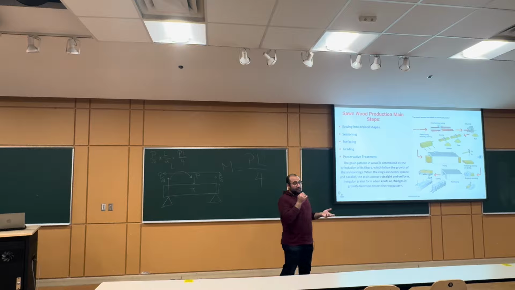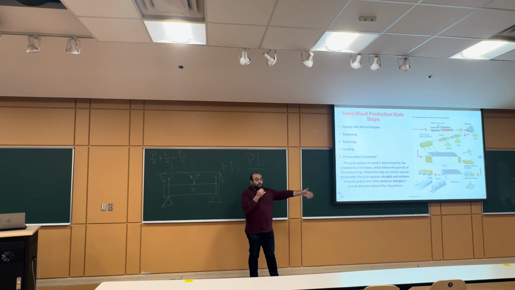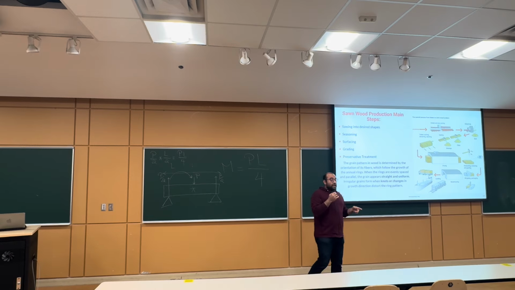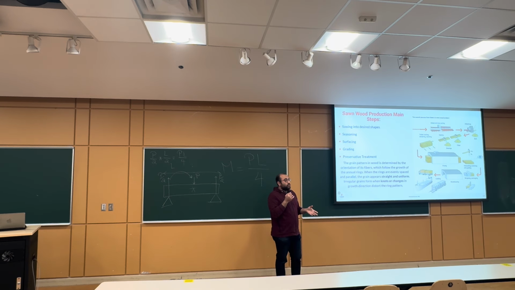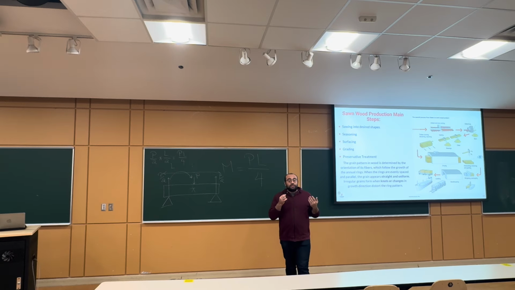And seasoning can be achieved using two procedures. The first one is that we can leave it on the ground, under the sun, and let the sun do the whole job. The second one is to do it inside an agitated kiln or furnace. So we put this wood into a furnace, and we subject it to a specific amount of heat and running air, with a good flow of air to take the moisture and to dry the whole thing.